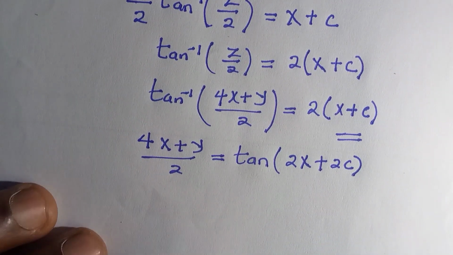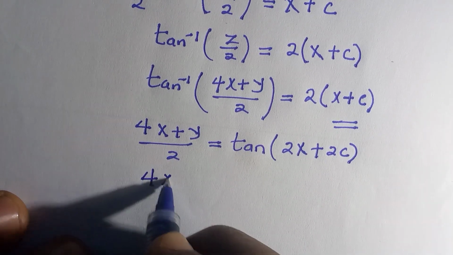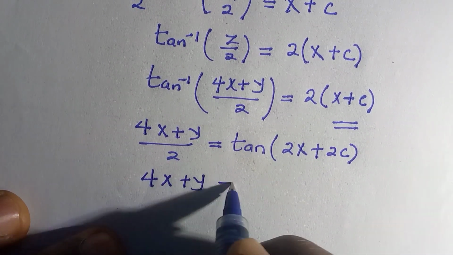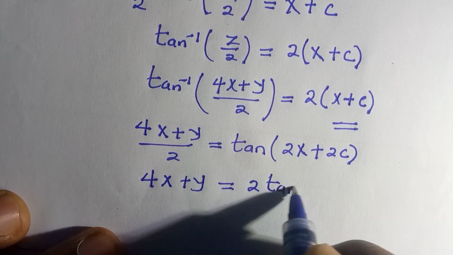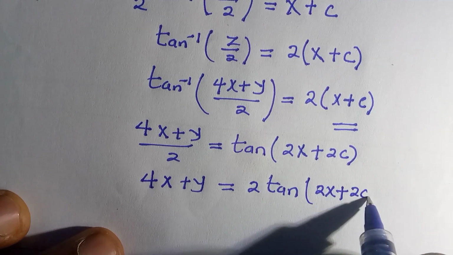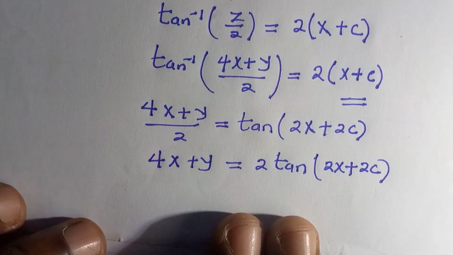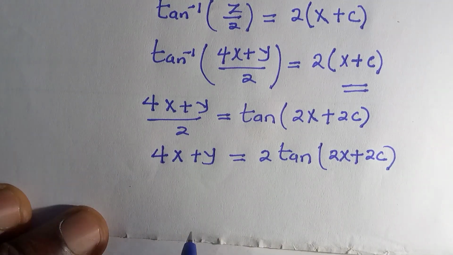If you cross multiply as well, we multiply 2 through both sides, we have 4x plus y equals 2 tan bracket 2x plus 2c.